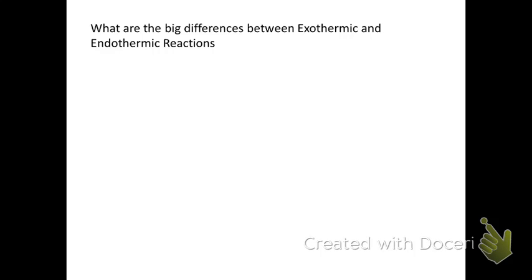Alright, so now we're going to look at our last big idea here, and that is, what is the difference between an exothermic and an endothermic reaction? Well, it is simply this. When a chemical reaction transfers heat to the surroundings, the process is exothermic.